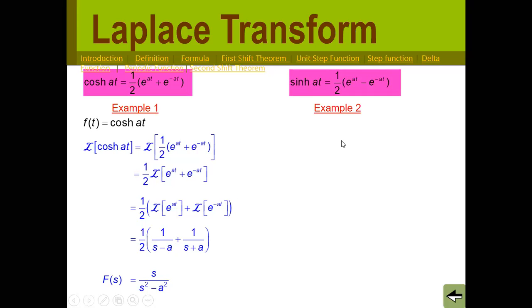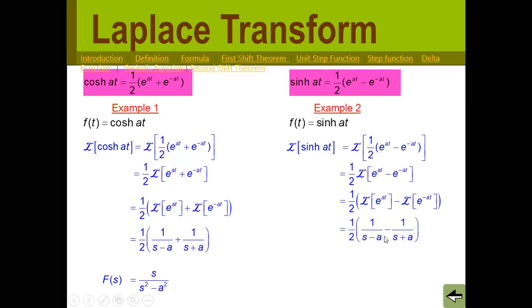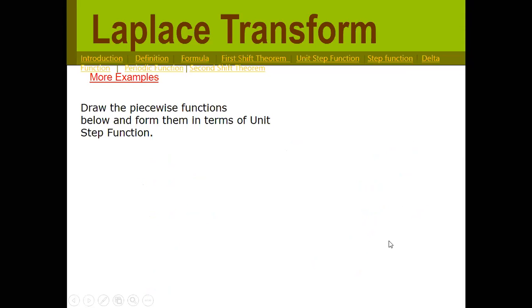Same. Likewise, sinh(at) is 1/2 (e^(at) minus e^(-at)). Just Laplace transform the e^(at) and e^(-at), equalize the denominators and multiply by 1/2, and we get the answer a over s square minus a square, the same as the table for sinh(at). Okay.